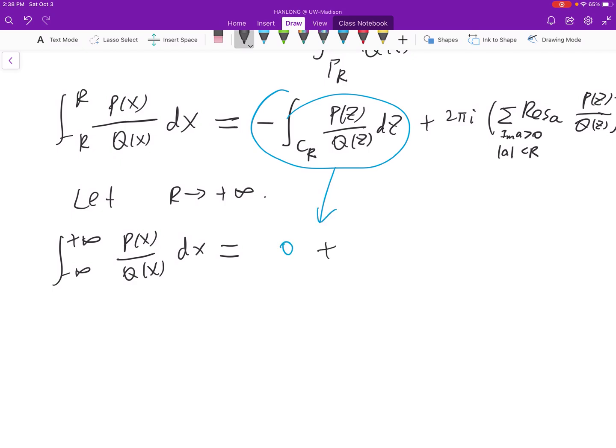Then, because r goes to infinity, when you do the summation you have to include all the poles whose imaginary part is positive. There's no restriction on the magnitude of the poles.